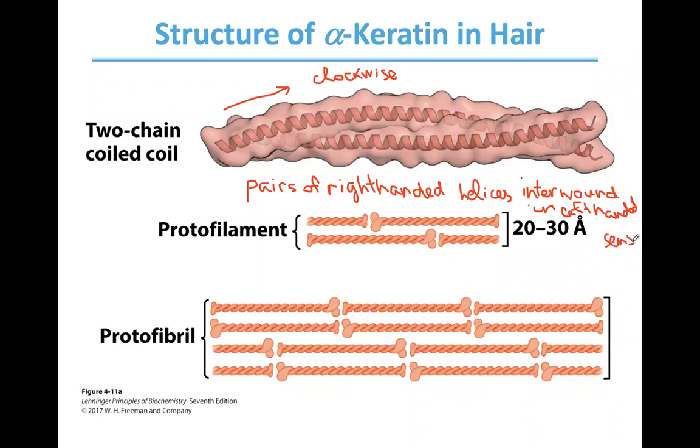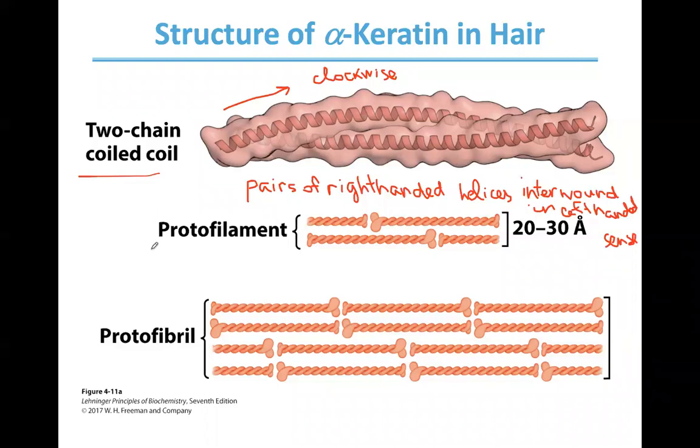And so these we call two-chain coiled coil, right? So they coil by themselves. These are alpha helices, and they're also coiled around each other. So then these aggregate, so they basically form a number of such strings that are bound together.